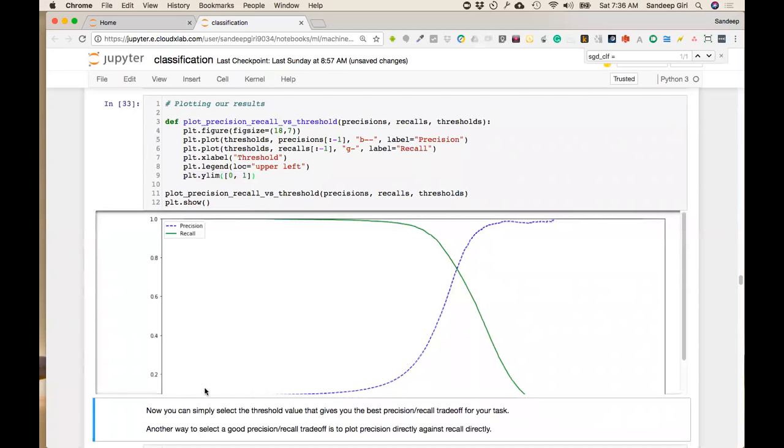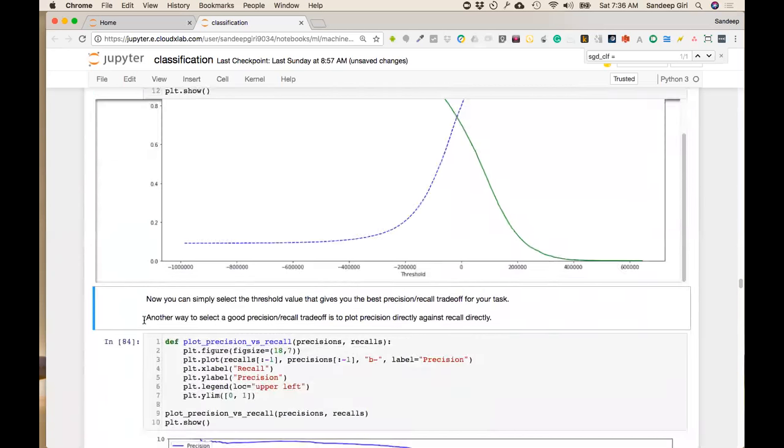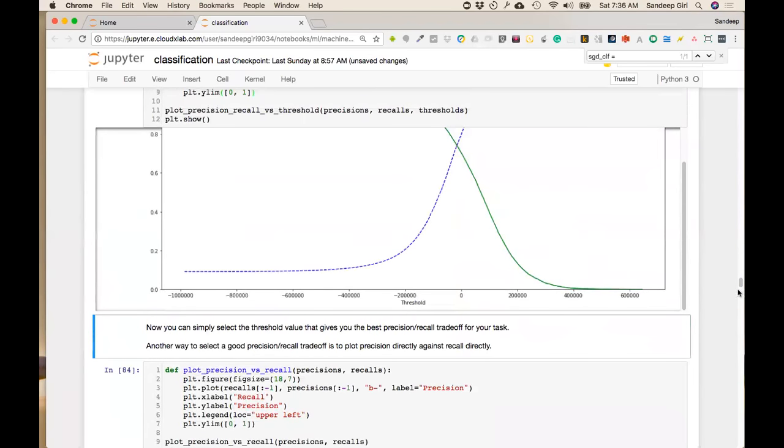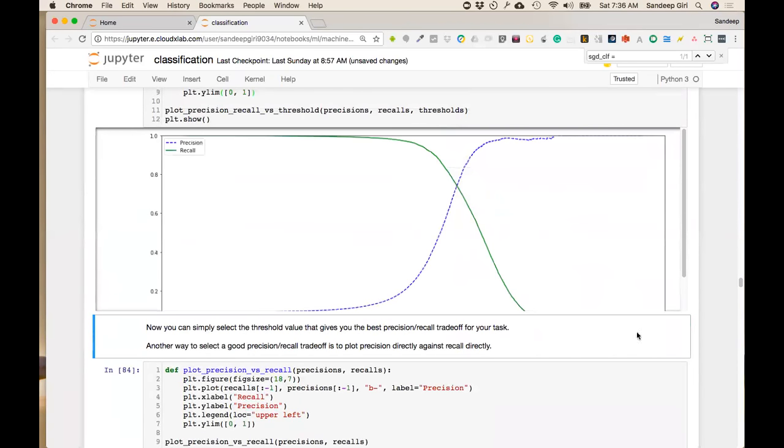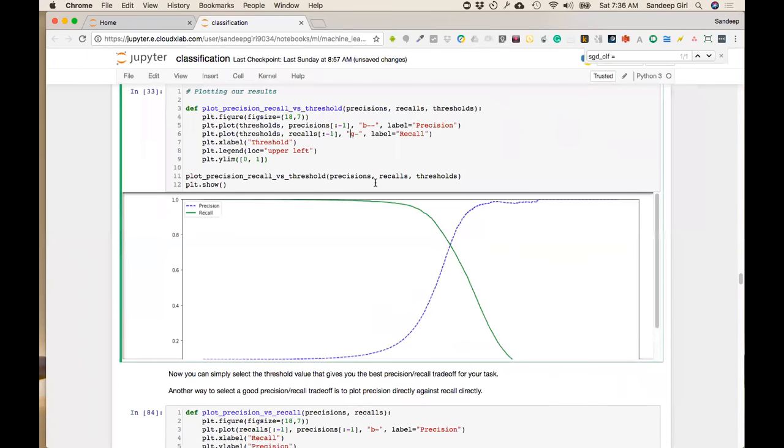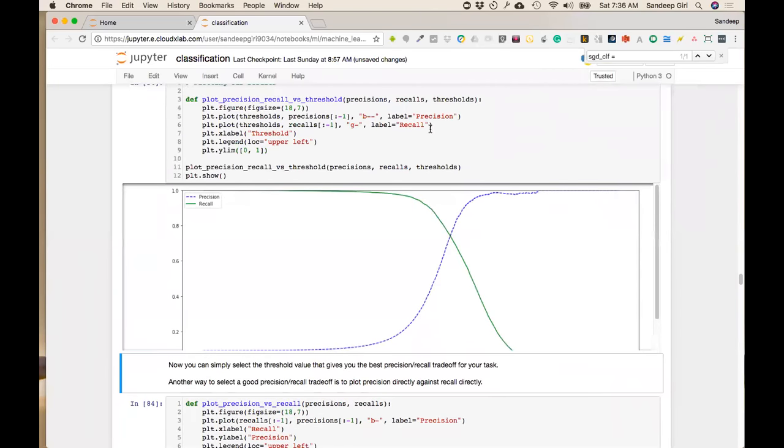So when we do that, this is the kind of plot that we get. It's very clear that as we are increasing the threshold... let me see if we can fit it in this screen.